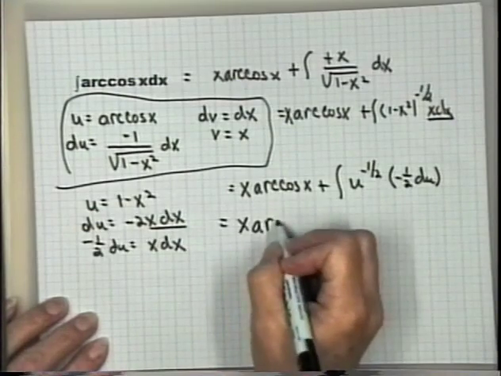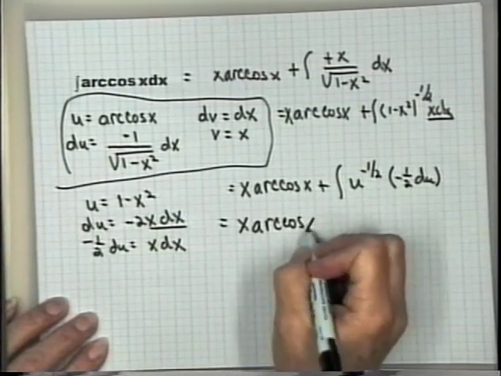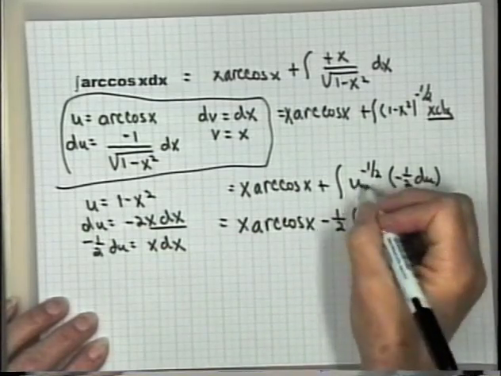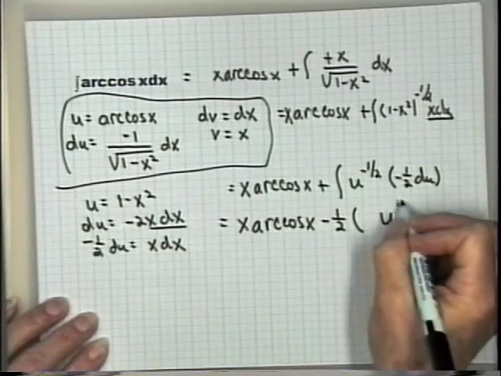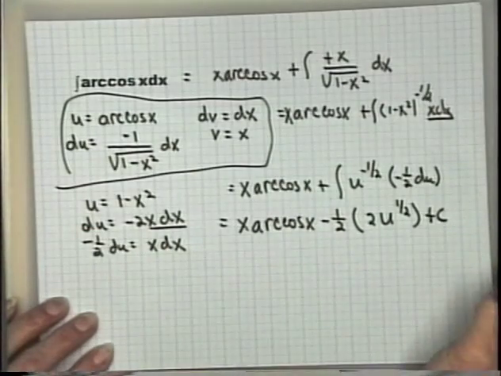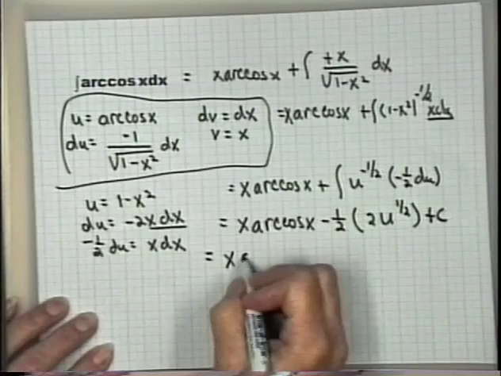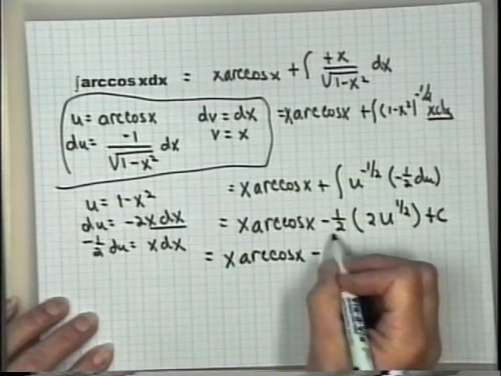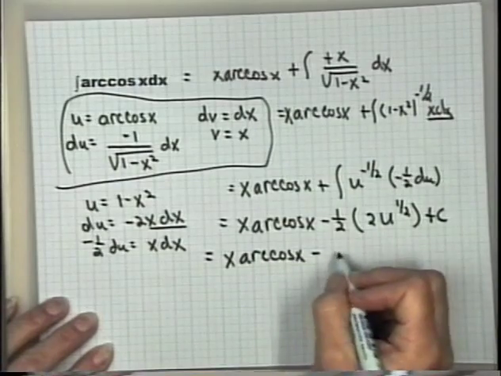So x arc cosine x, I'm going to bring out that minus 1/2, and I'm going to find the antiderivative here. If I add 1, I get positive 1/2 times a 2. I'm going to go ahead and add my plus c at this point, and then I'm going to sub back in. So minus 1/2 times 2 just gives me a minus 1.